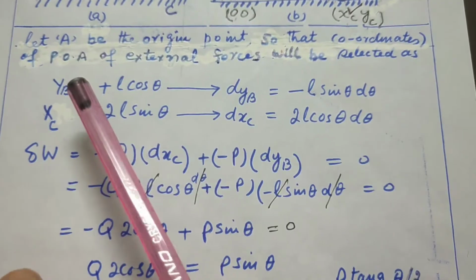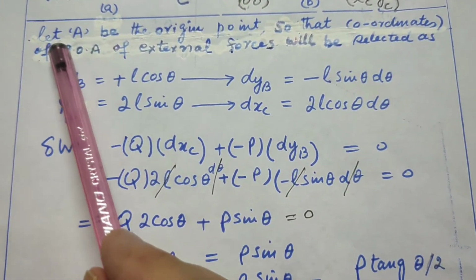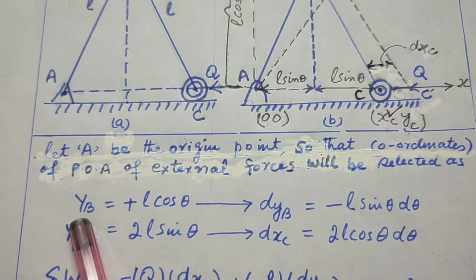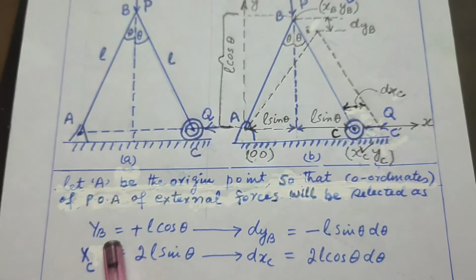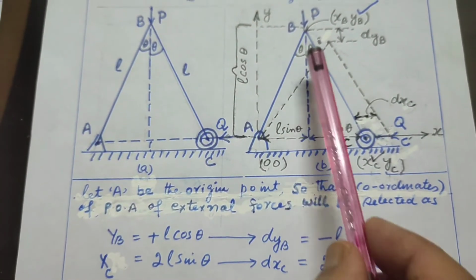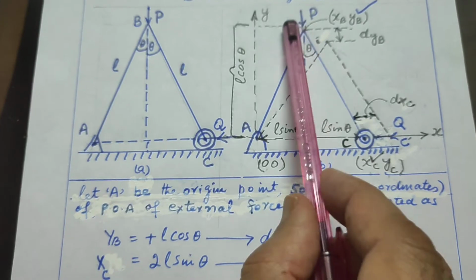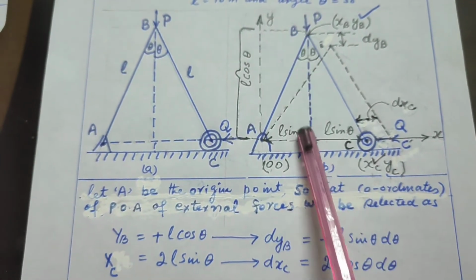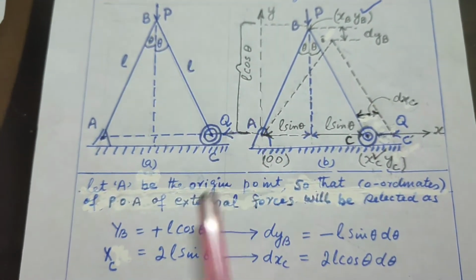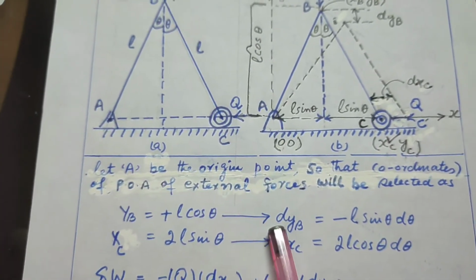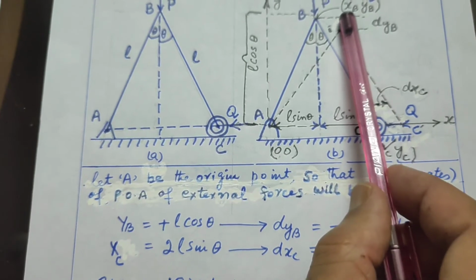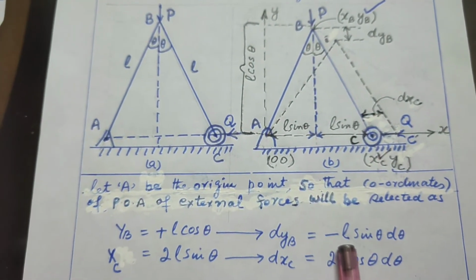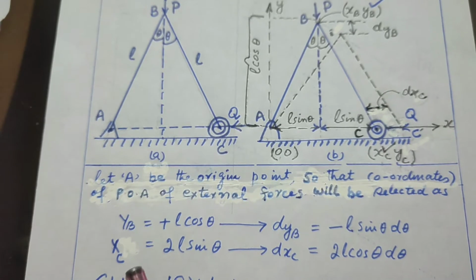So YB is the coordinate of point B, and this will be equal to L cos theta. The differential of this, dyb, the virtual displacement, is equal to minus L sin theta into d theta.